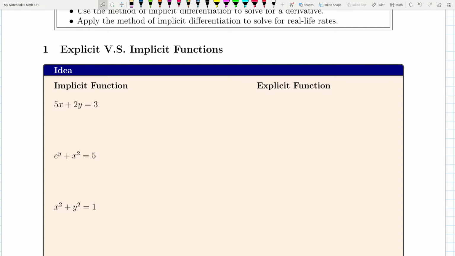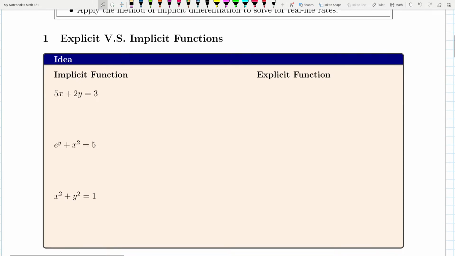For example, typically y is the dependent variable and x is the independent variable. The x represents the input or the domain and y represents the output, which is the range of the function. In some cases, it is possible to solve those functions for y, and then we would have an explicit function. Let's see in which cases it's possible and in which cases it's not possible.